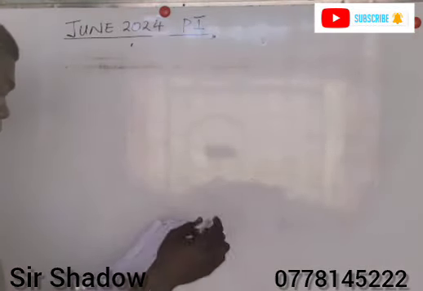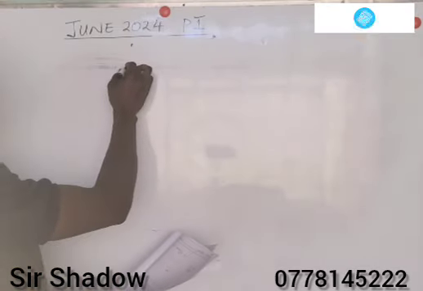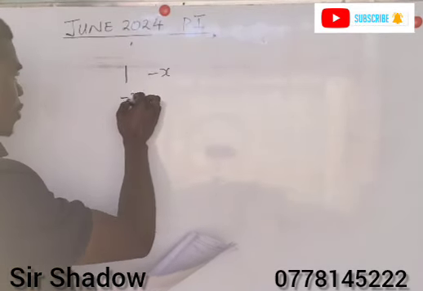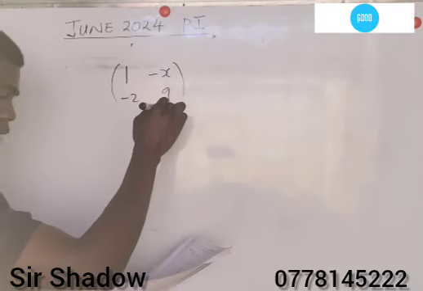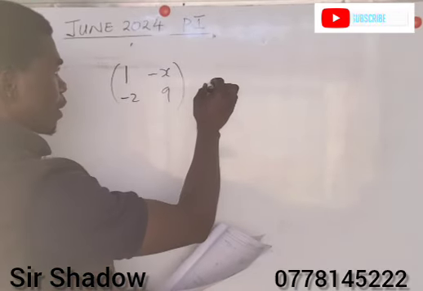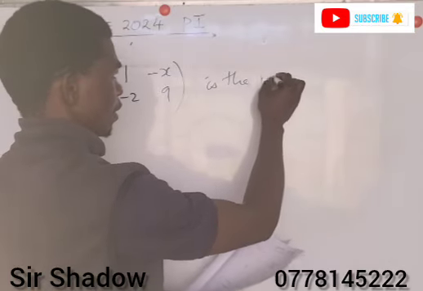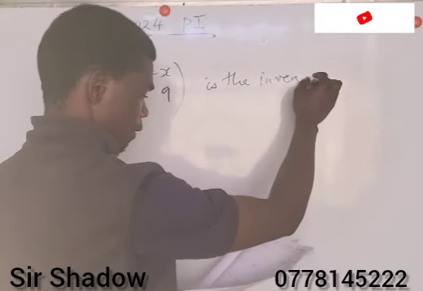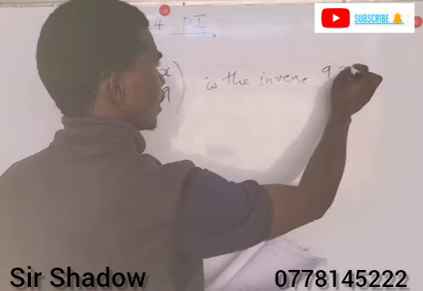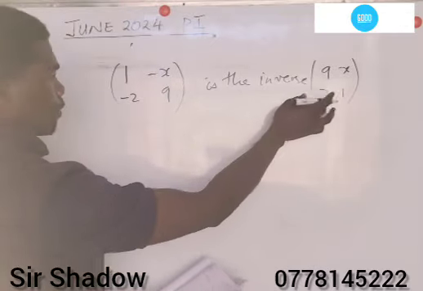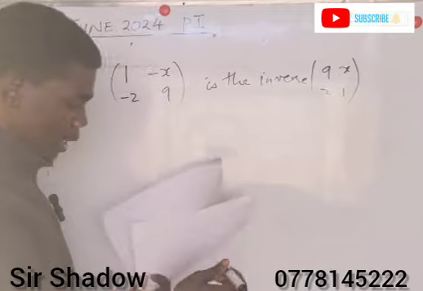On question 18c, we are given that 1, minus x, minus 2, 9 is the inverse of 9, x, 2, 1. This one is the inverse of this one. Find the value of x.